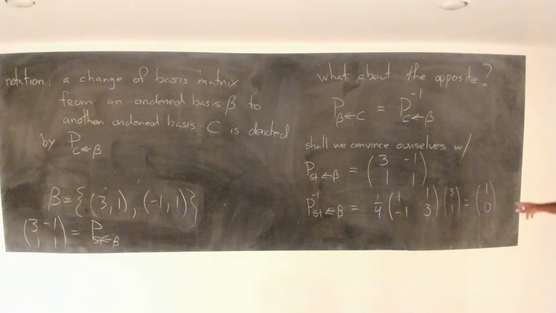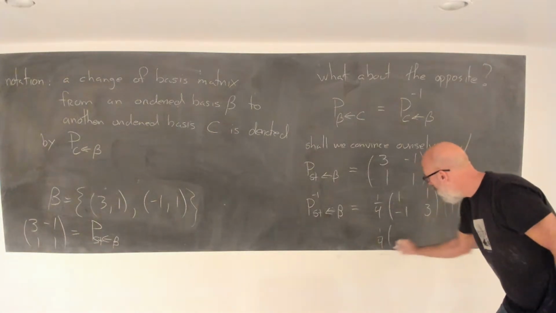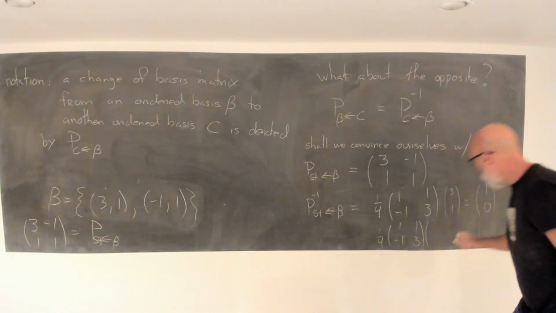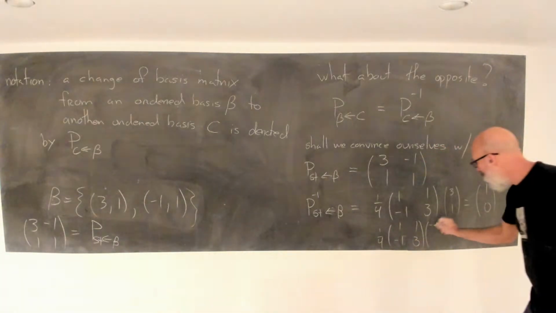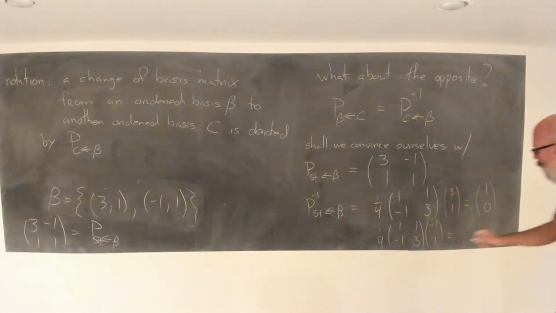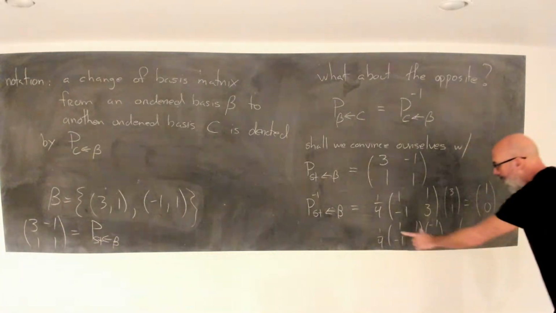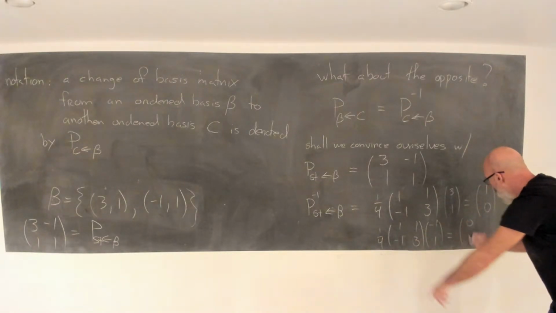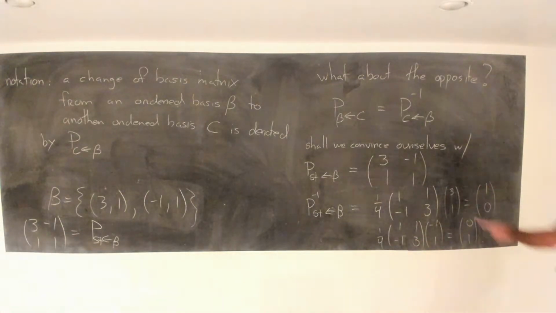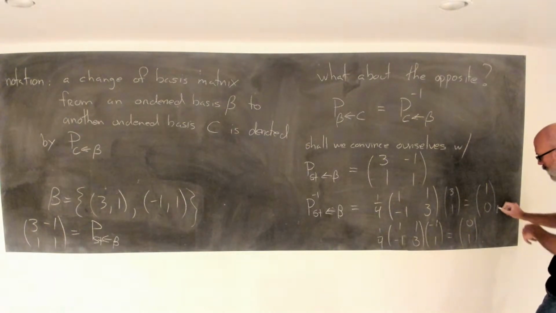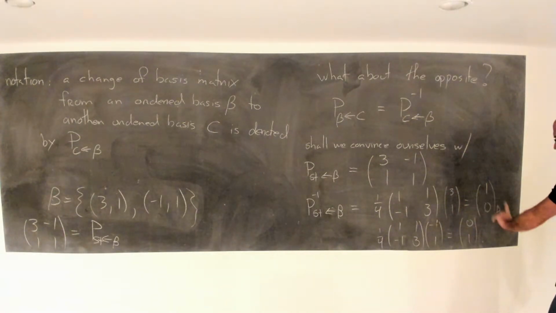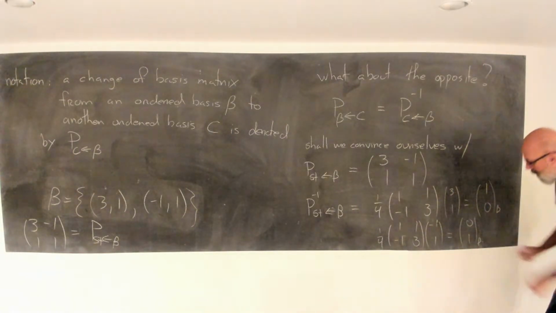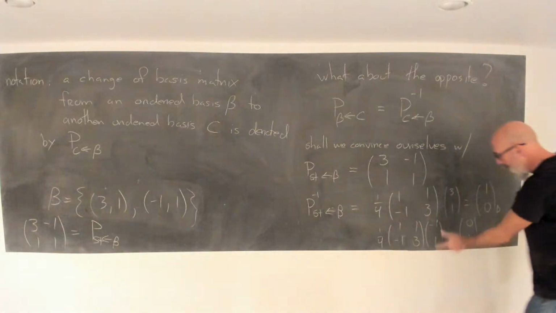So it sends this to that, and sends the second basis element to minus 1 plus 1 is 0, 1 plus 3 is 4 divided by 4 is 1. There you go. If you think of this as 1, 0 in the basis B, it really is the vector 3, 1. And 0, 1 in the basis B is the second one, minus 1, 1.